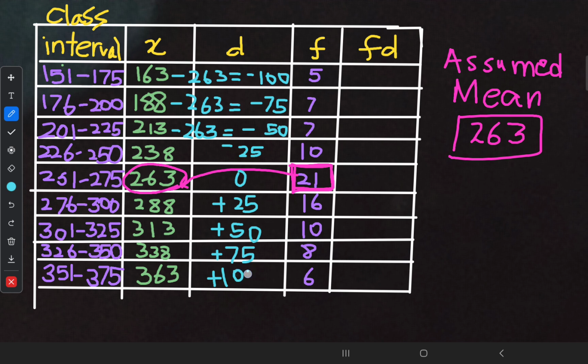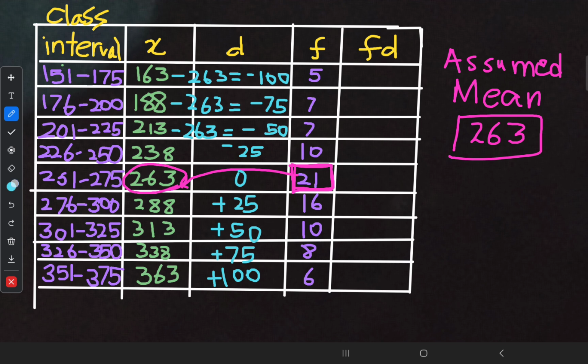How did I find it? I'll repeat once more. The modal class is the one holding the higher number of frequency. From its mid value, we take the assumed mean. From each class mid value, we subtract the assumed mean, and that will give you the deviations.